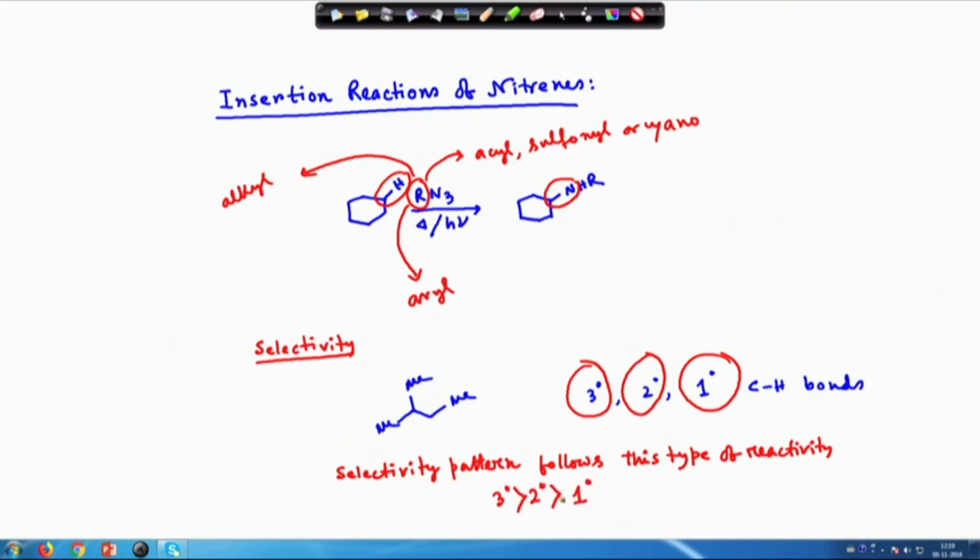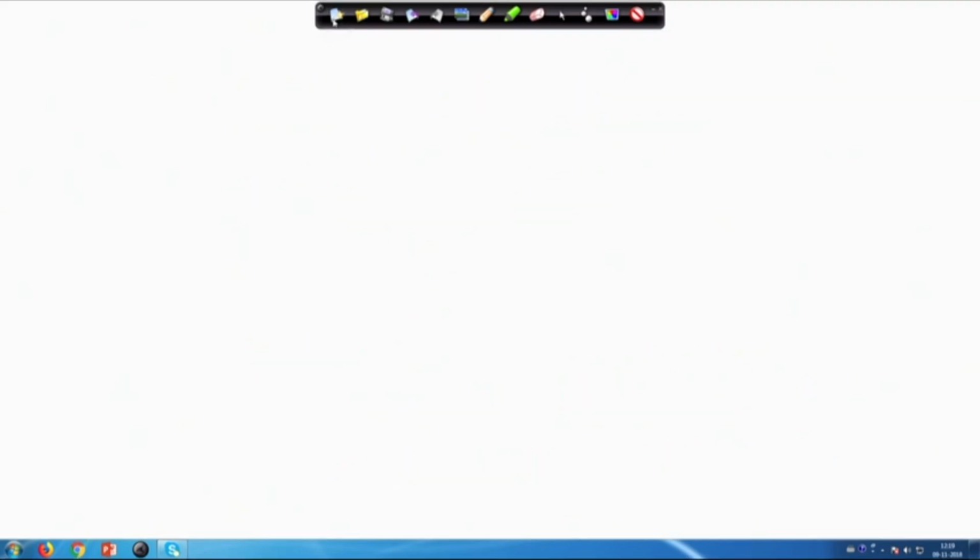So, if you take any molecule which has different types of carbon hydrogen bonds, and their bond dissociation energies are different for those carbon hydrogen bonds, in those cases the nitrenes will insert into those carbon hydrogen bonds with different selectivity. First it will go to the tertiary one, then secondary, then primary. And when we look at the nature of these nitrenes, we find that there are two types of nitrenes possible. One is called singlet, another is called triplet, right.